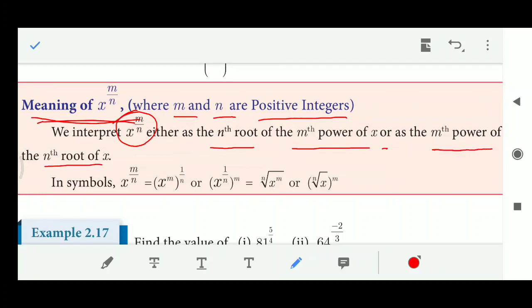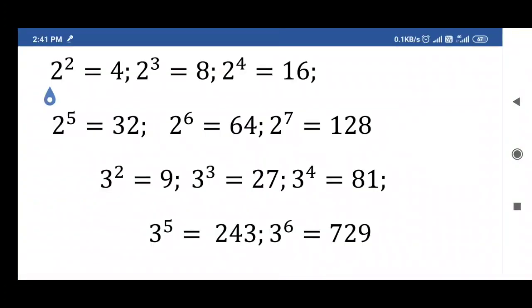So look at the symbol. Here x power m by n is equal to x power m whole power 1 by n or x power 1 by n whole power m, which is nth root of x power m or nth root of x whole power m.